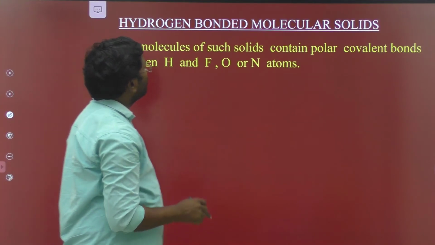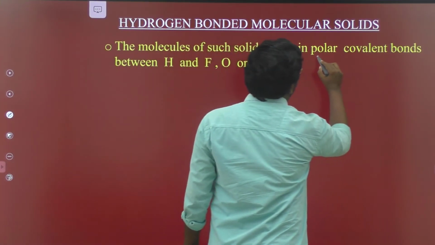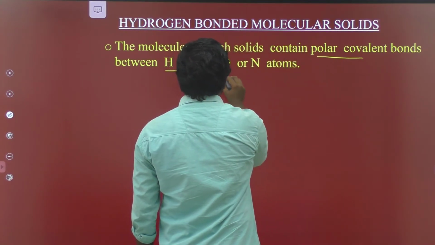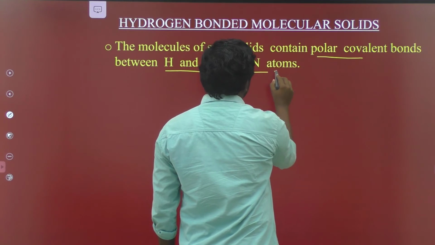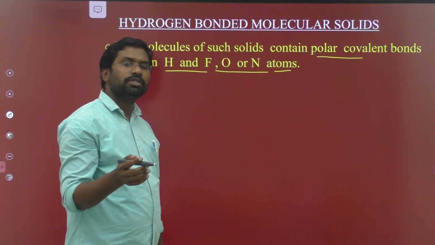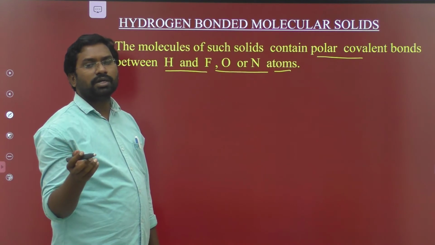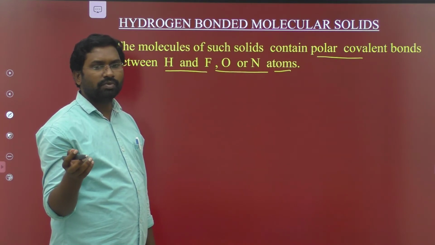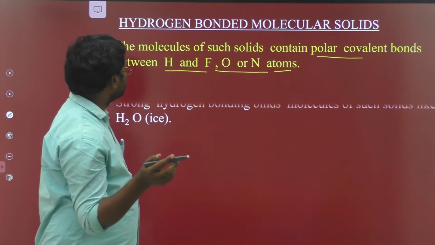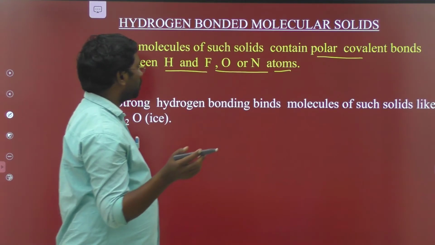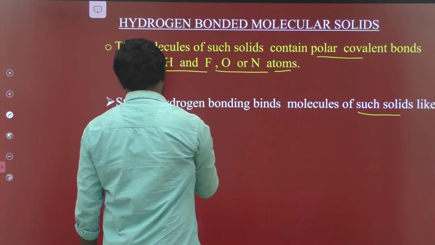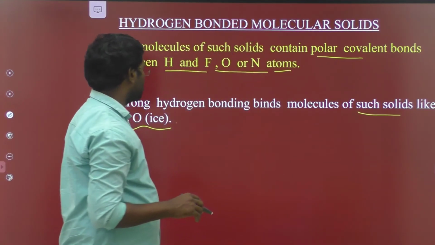The molecules of such solids contain polar covalent bonds between hydrogen and fluorine, oxygen or nitrogen atoms. Hydrogen bond formation takes place always between a hydrogen atom and a highly electronegative atom like oxygen, fluorine or nitrogen. The strong hydrogen bonding binds molecules of solids like water in its solid state, that is ice.